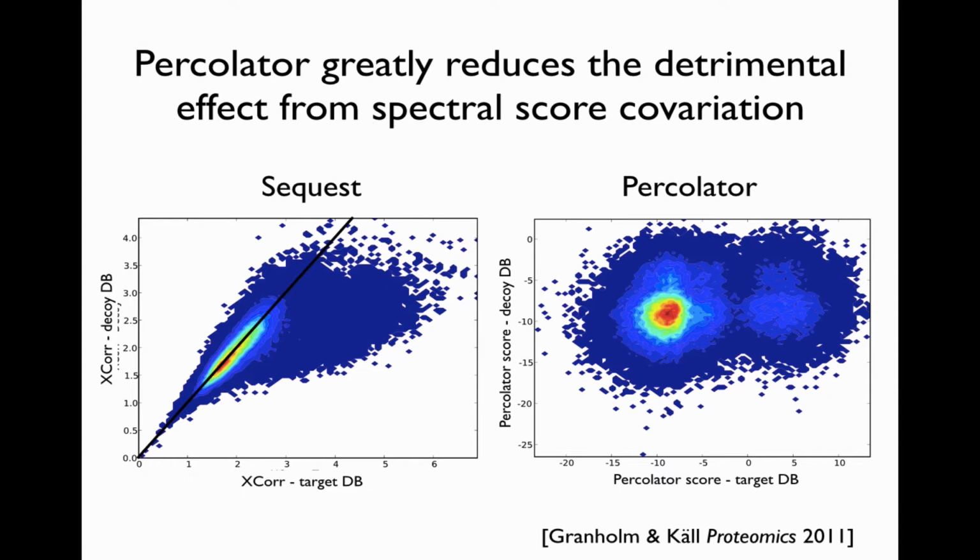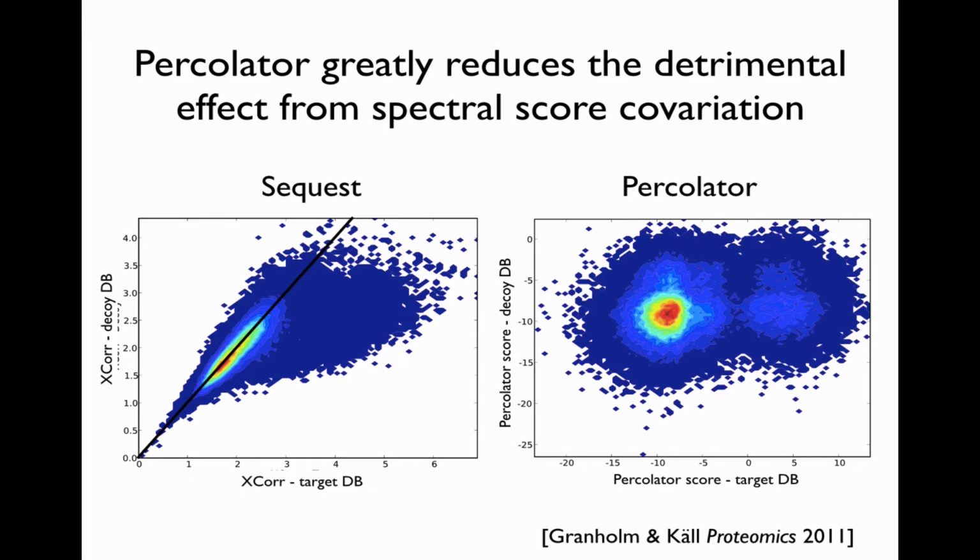They will still be down in the lower left corner. Some spectra will obtain a high score regardless of them being correct or incorrect. They are up along the diagonal to the top right corner.